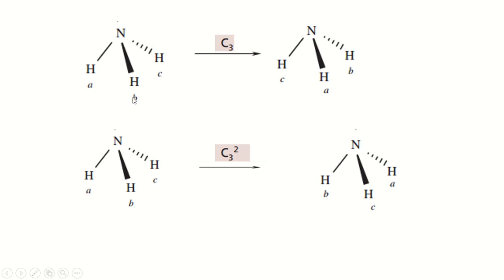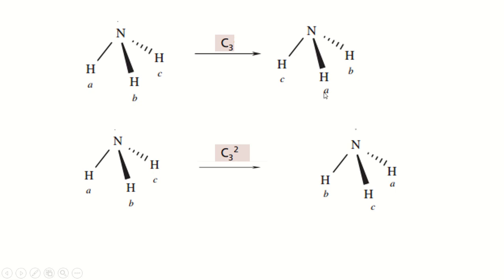For example, you can take this HB as a reference. I am going to apply C3 to this molecule in a counterclockwise, or anti-clockwise, rotation. What happens if I apply just C3? This HB will definitely go over there, and here we can see that HB is here, and HC subsequently will join the place of HA, and HA will join the place of HB. So this is the result after the C3 operation.